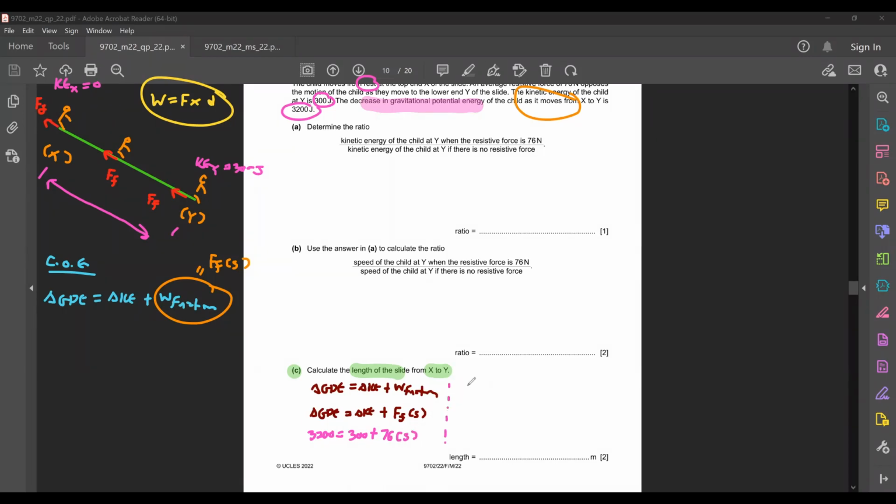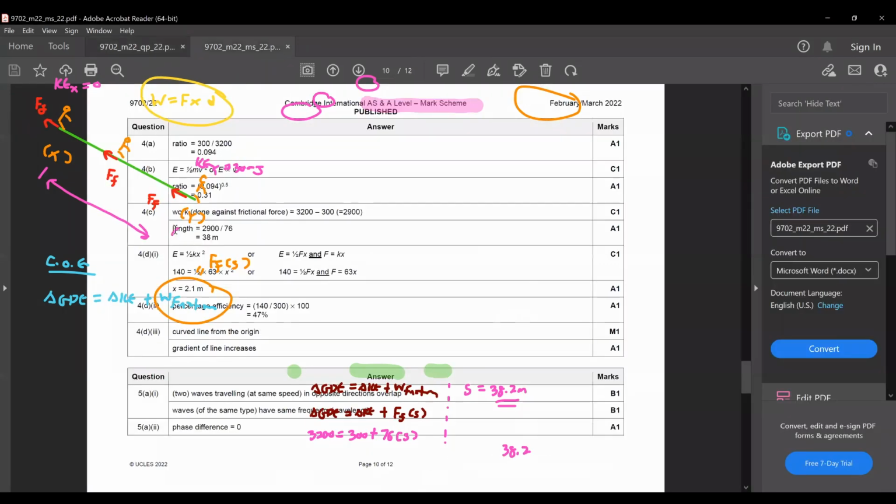So in our case, the distance moved would be 3,200 minus 300 divided by 76, giving us the answer as 38.2 meter. Okay, let's just check whether this answer is correct. Yes, it is correct. It is 38 meter.